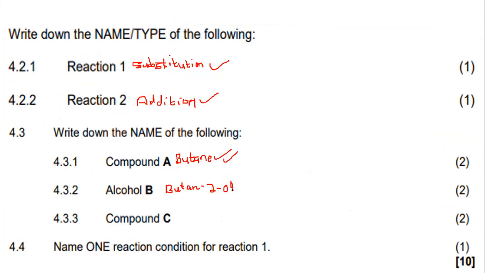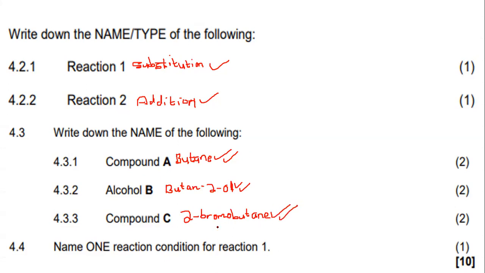That is also another 2 marks. Then compound C, we agree that that one will be 2-bromobutane. And we are also getting 2 marks.